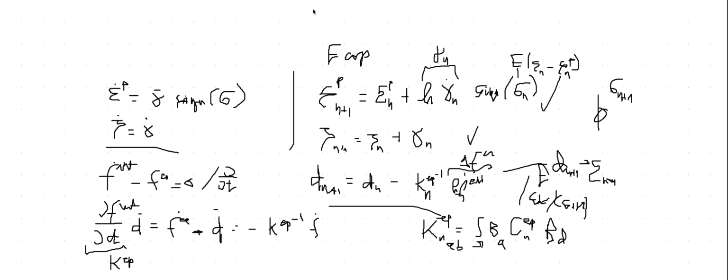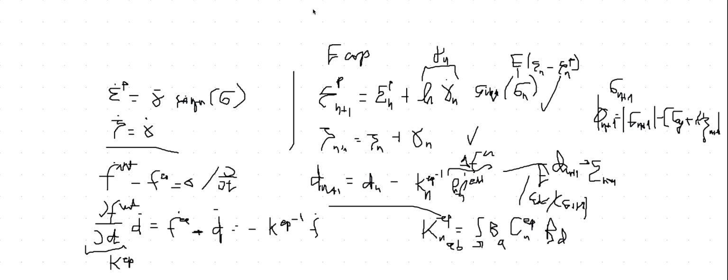And phi n plus 1 is basically the absolute value of sigma n plus 1 minus sigma y, minus q n plus 1, and this is plus k times psi n plus 1. So this is how I can compute the homework that I just gave you explicitly.